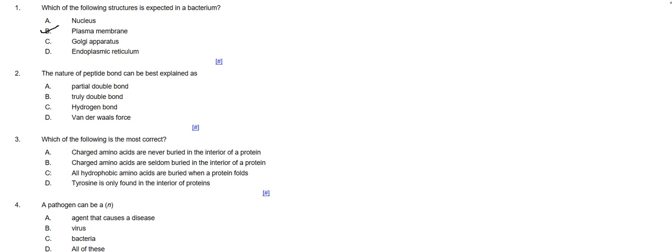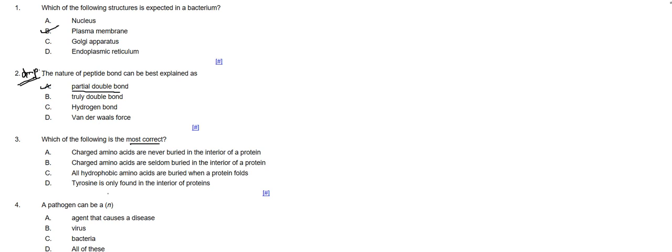Next is the nature of peptide bond can be best explained as. So the nature of peptide bond will be best explained as the partial double bond. Okay, this question is very important, guys. It is repeated most of the time. Number 3, which one of the following is most correct? Okay, let's read.